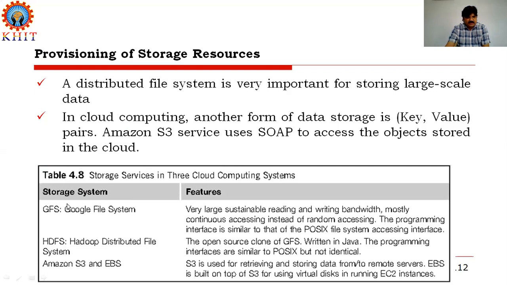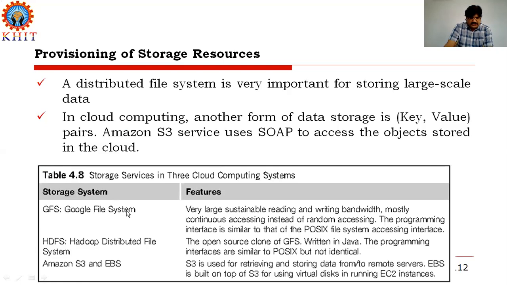Google file system is used for storing a lot of data. And HDFS, Hadoop distributed file system, is providing a storage system, and Amazon S3 and EBS. So these are three well-defined storage systems for providing services to the end users for storing large amounts of data.